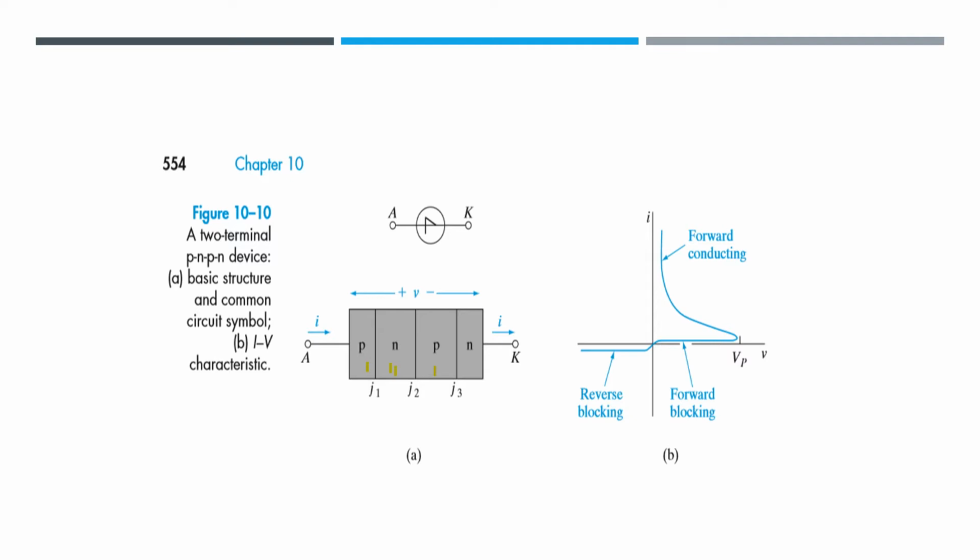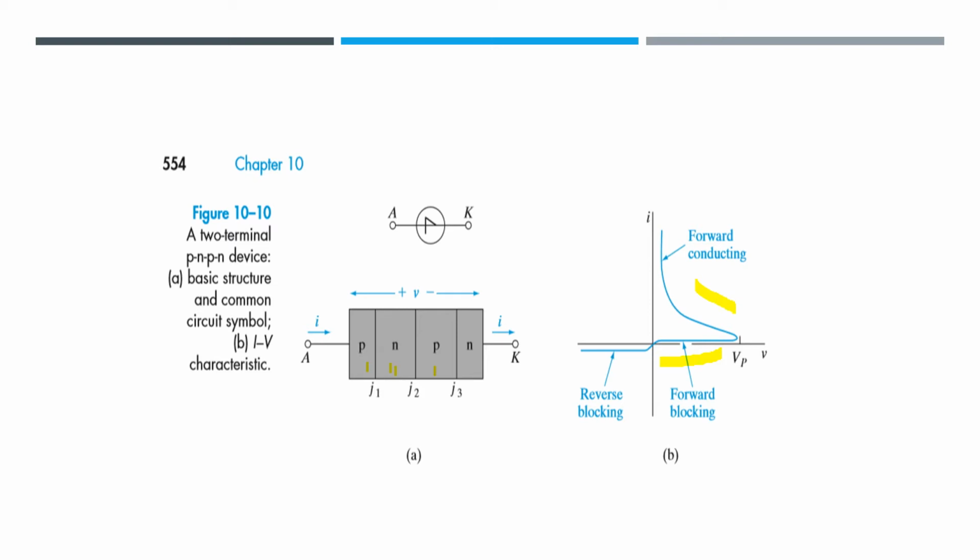However, the IV characteristics of figure 11.1b indicate that the forward bias condition of the diode can be considered as two separate states: the high impedance or forward blocking state, and the low impedance or forward conducting state. So these are the two states.